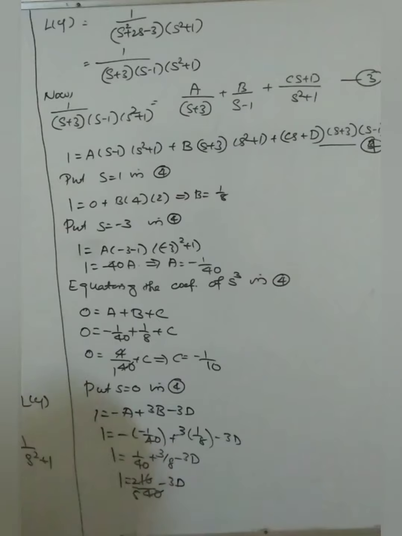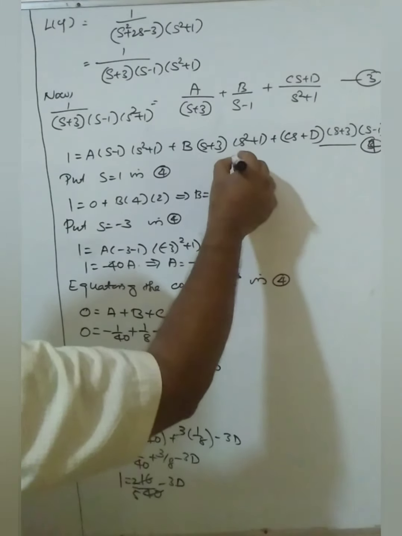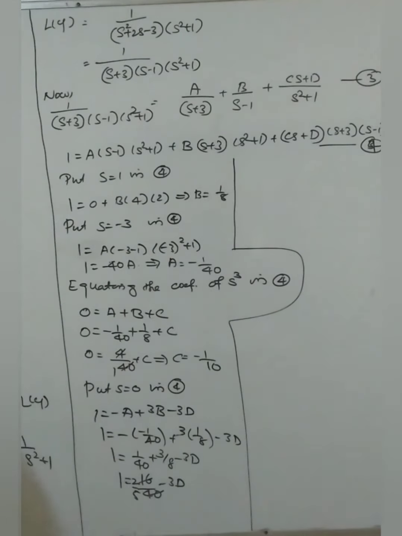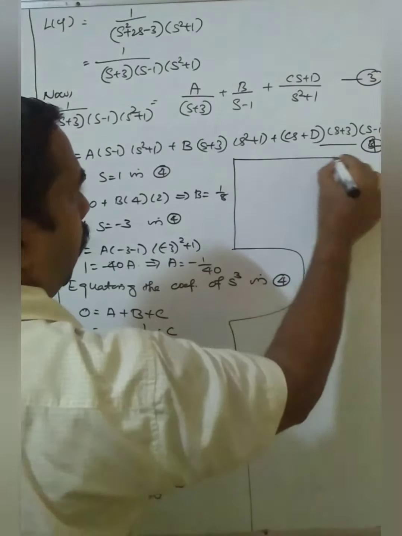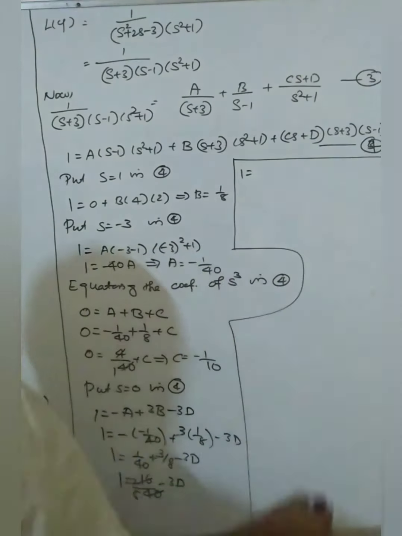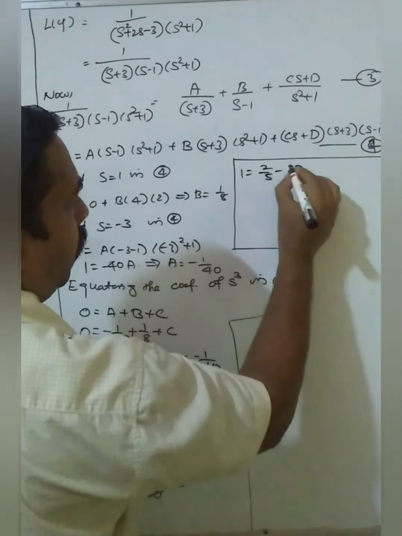So we can write 1 equal to 2 by 5 minus 3d.